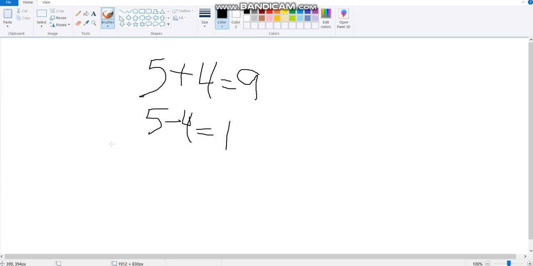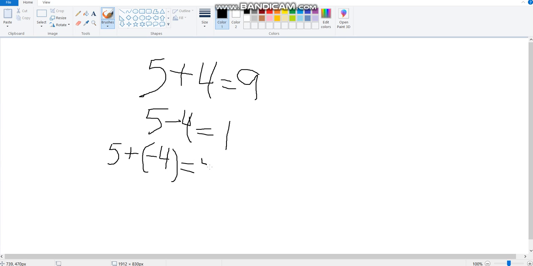Now what's interesting is when you add a negative number, it's the same thing as subtracting a number from another number. So let's write it out like this: 5 plus negative 4. I'm still taking away things in this problem. I'm still taking away 4 from 5.